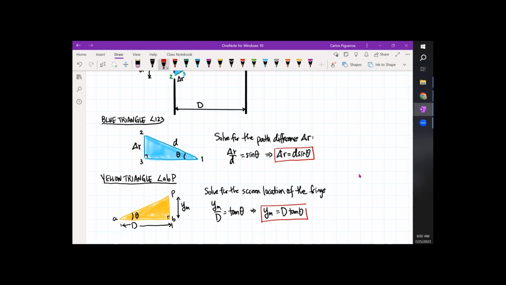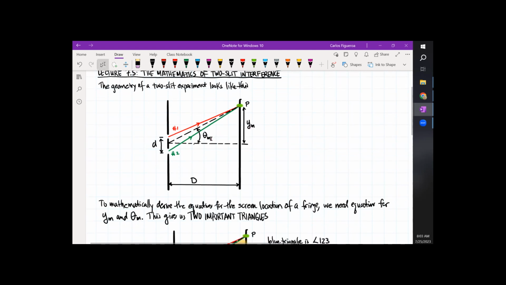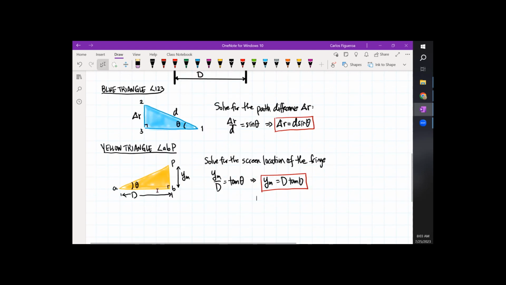So if you go back to the original picture that we had, the two things that I drew here was y of m and theta of m. We needed these two equations, and you see the blue and the yellow triangle gave me these two equations.